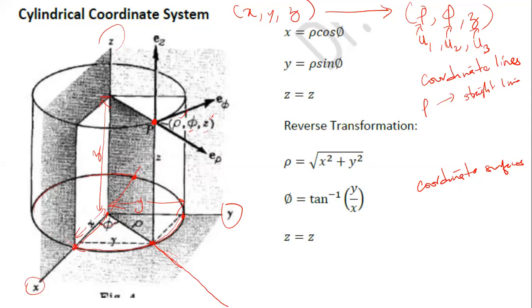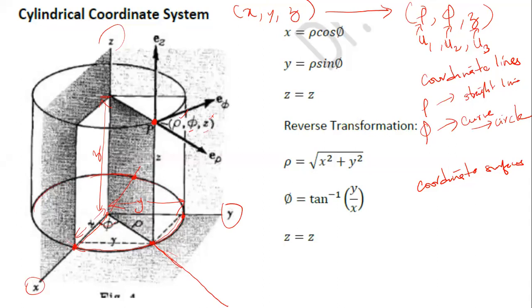So as you verify, you will trace out a circle here. So there you can see that the phi coordinate line is now a curved line, or in fact, it's a circle. So it's no longer a straight line, as in the case of the Cartesian system.